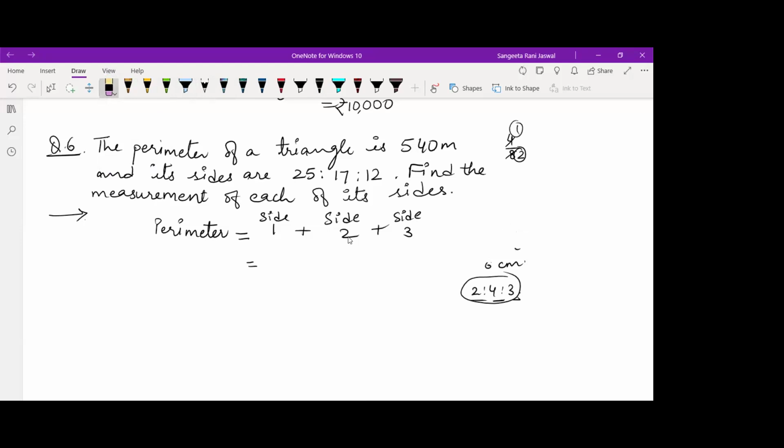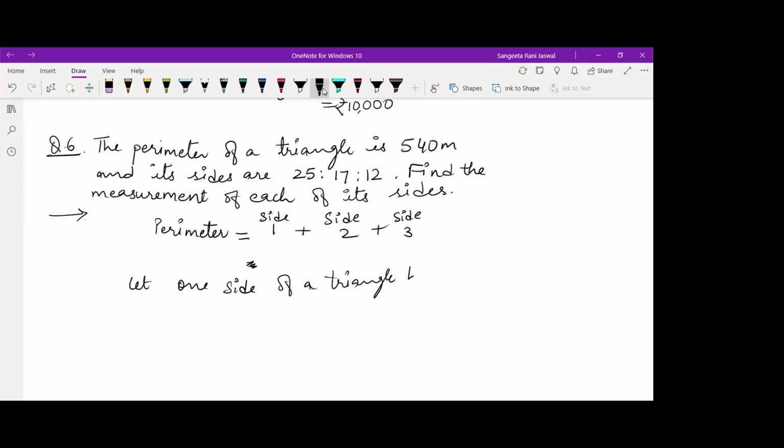So what we will do now, we will just assume, let one side of a triangle be 25x.